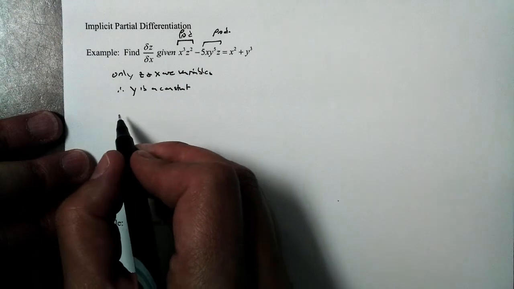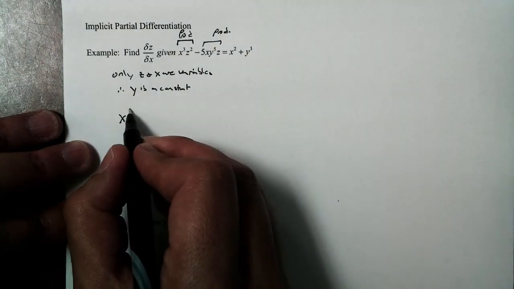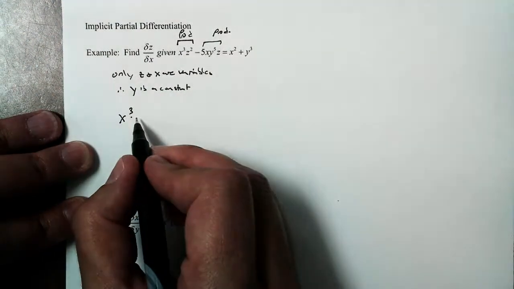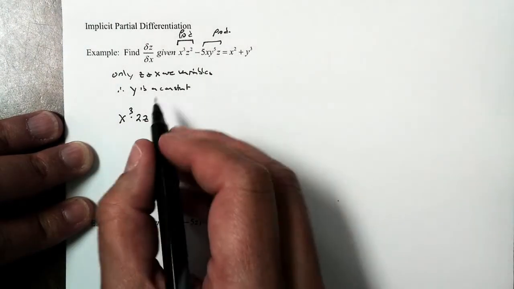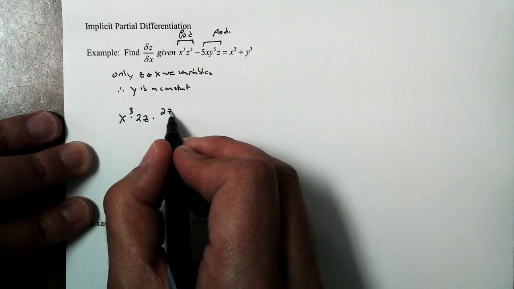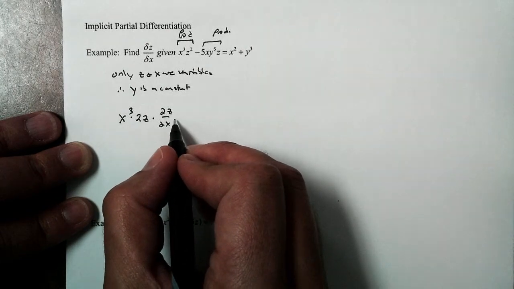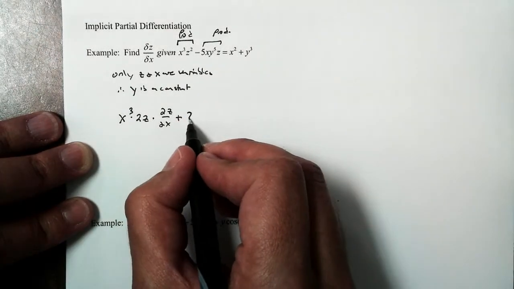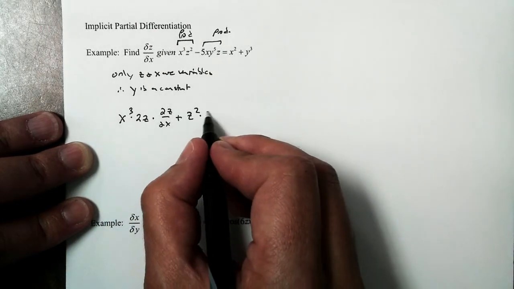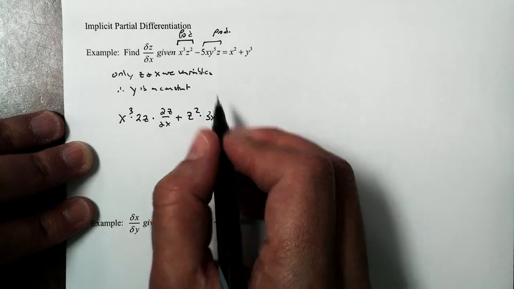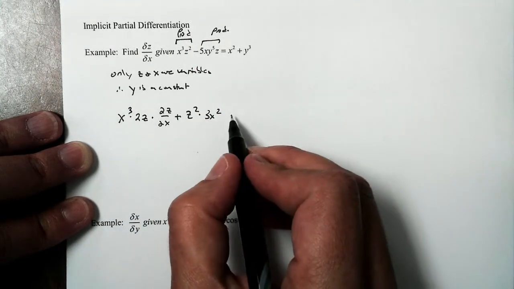So when I write out our first, we're going to get x cubed. The derivative of z squared becomes 2z. But remember, I'm taking the derivative of z with respect to x, and so I get my partial z with respect to x. Plus the second, z squared, times the derivative of x, which is just going to become 3x squared, and it's already in terms of x, so we don't worry about that.